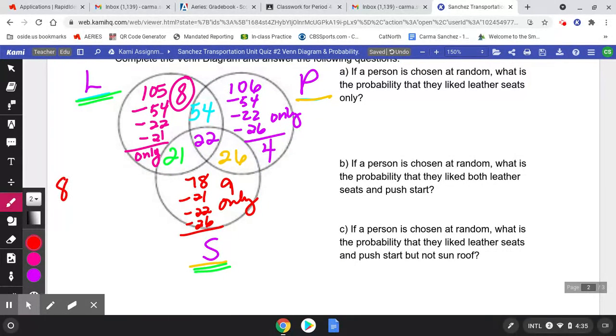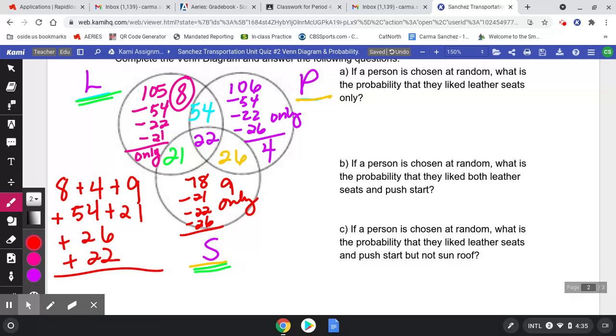I have 8 plus 4 plus 9 plus 54 plus 21 plus 26 plus 22.